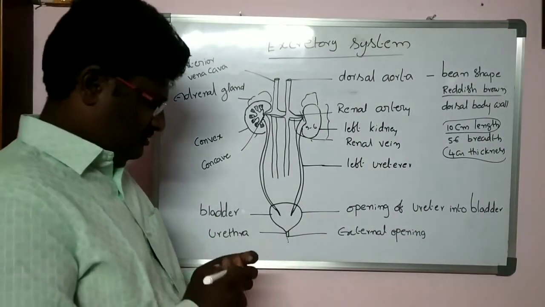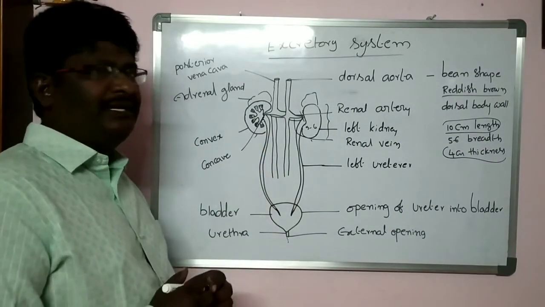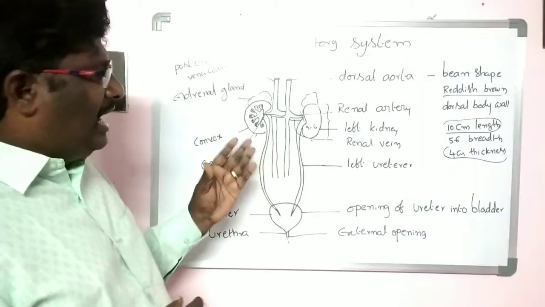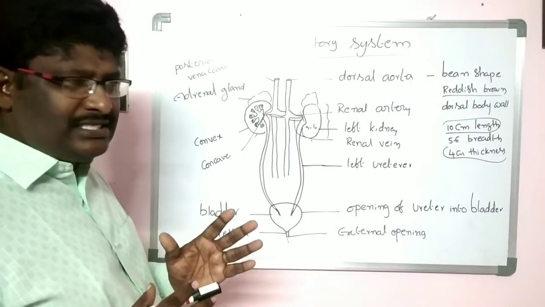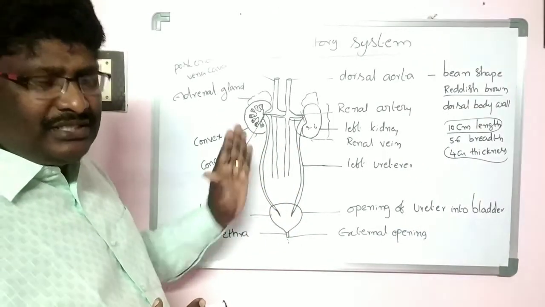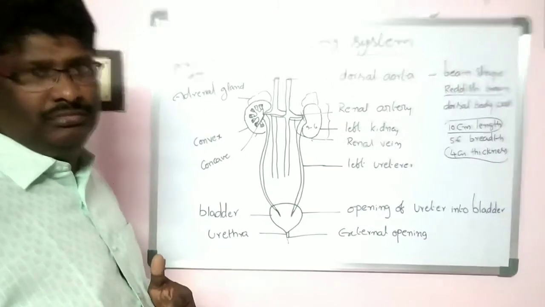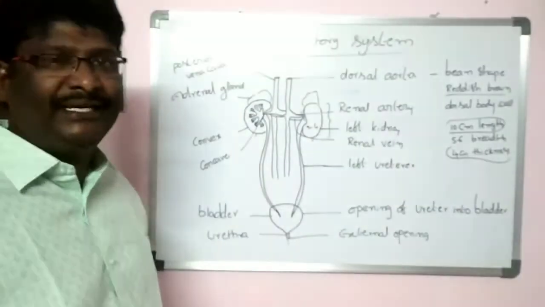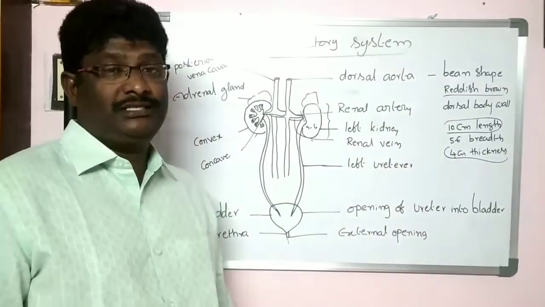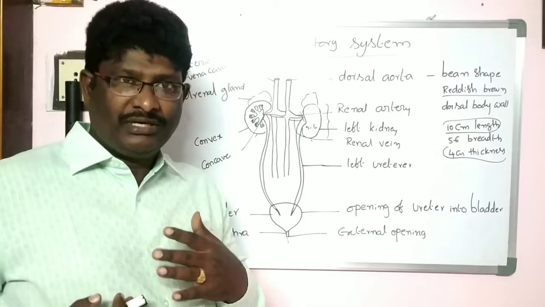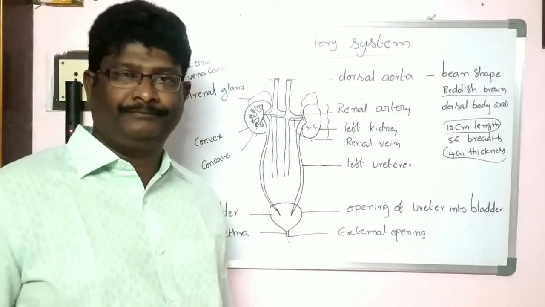If you see the kidneys, the right side kidney always comes down compared with the left side kidney. Why? What is the reason the right kidney comes down compared with the left kidney?